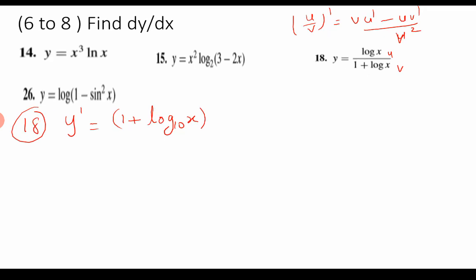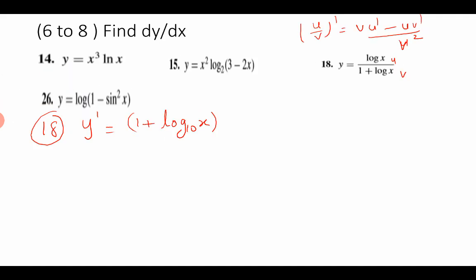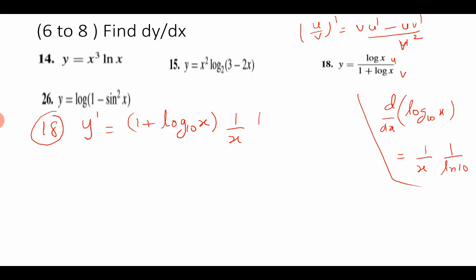When you differentiate a function which is log x base 10, the answer is 1 over x times 1 over ln 10. You should remember this rule. So you will get 1 over x times 1 over ln 10.